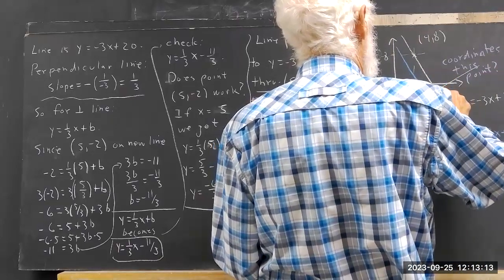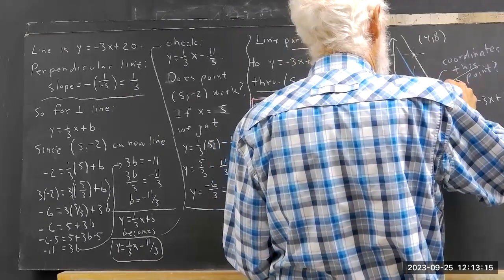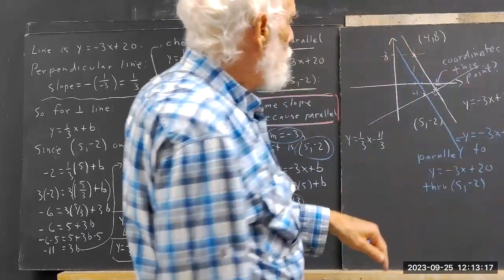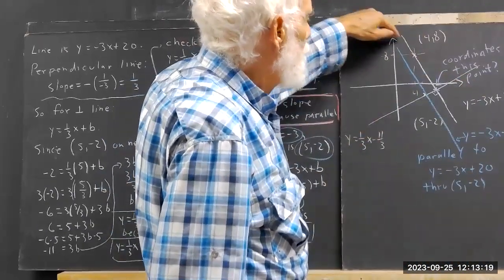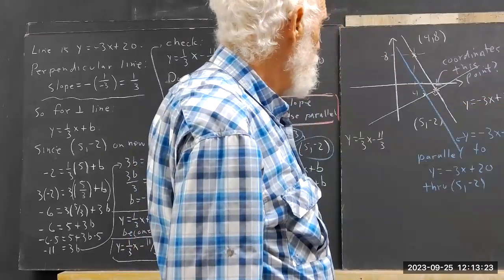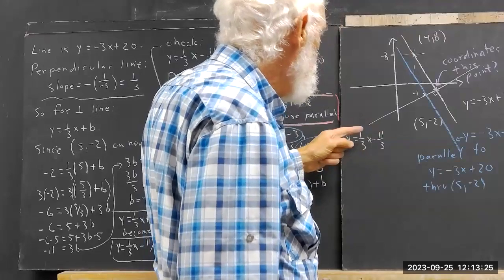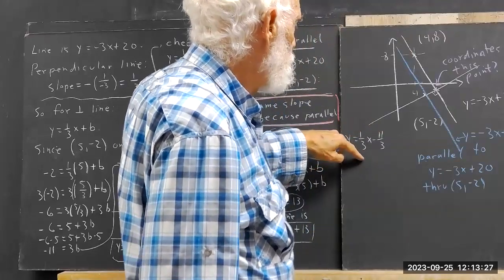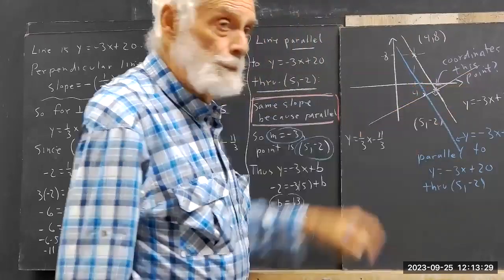What point do I mean? I mean this point that I'm circling or Xing in purple. The point where the graph of y equals -3x plus 20 crosses the graph of y equals 1/3 x minus 11/3.